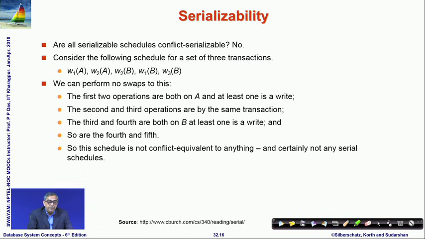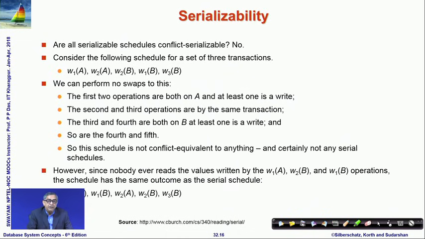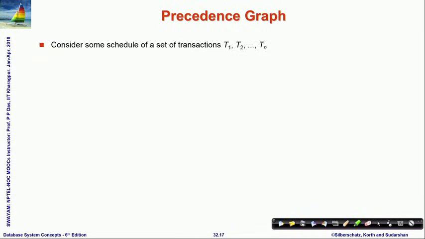A serial schedule here would mean T1, T2, T3, or T1, T3, T2, or T2, T1, T3, like that, any of the 6 possibilities. You cannot convert this in a conflict equivalent manner to any of those 6 serial schedules, but this actually is equivalent to a serial schedule, because very interestingly, even though there are multiple writes, in between there are no reads. So, you can easily reason that the values have actually not changed. Okay. So, this is on the basic notion of serializability.